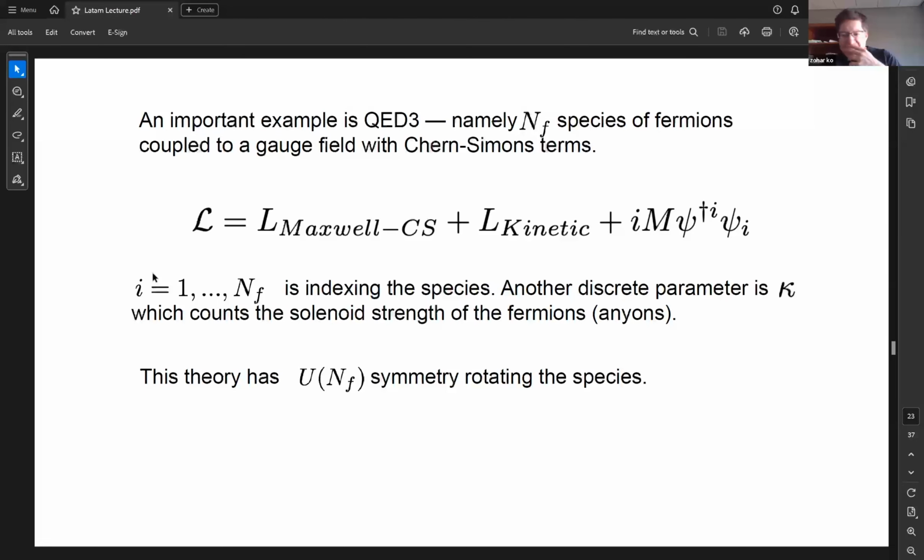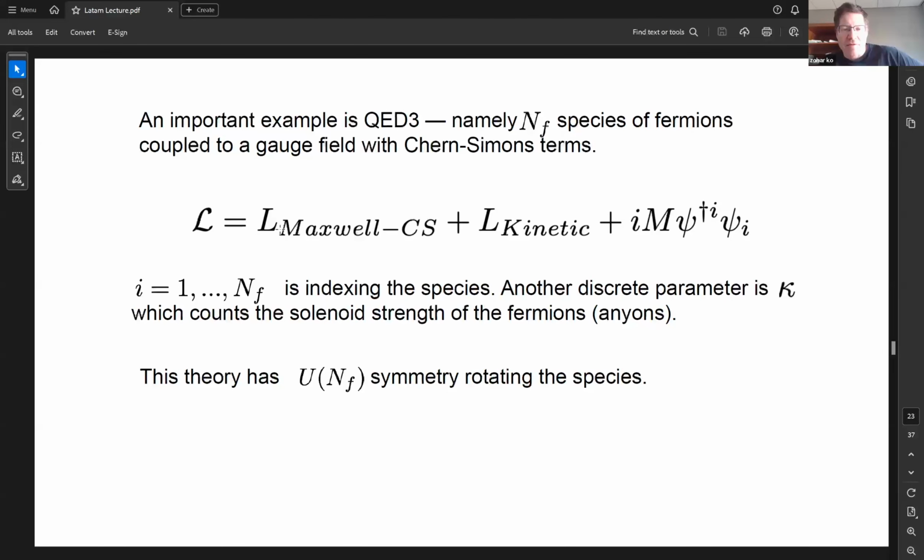Would it be correct to say that anyons arise from a pure gauge theory? I'm not sure exactly what to say. I'm going to study the theory of fermions coupled to Maxwell and Chern-Simons.